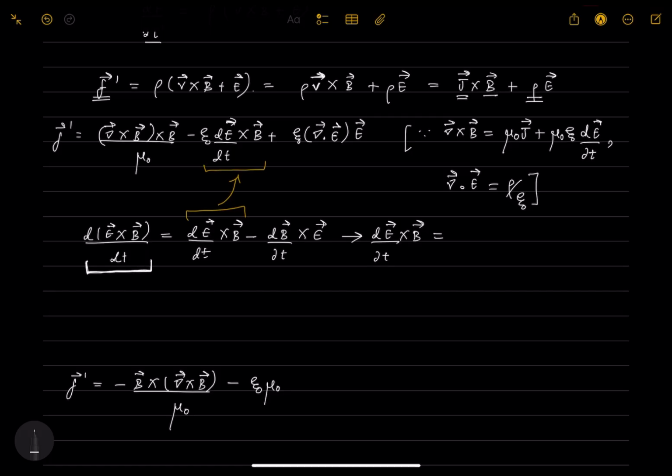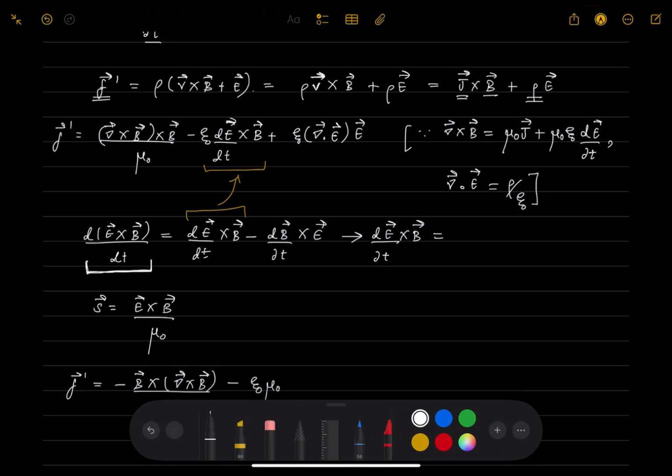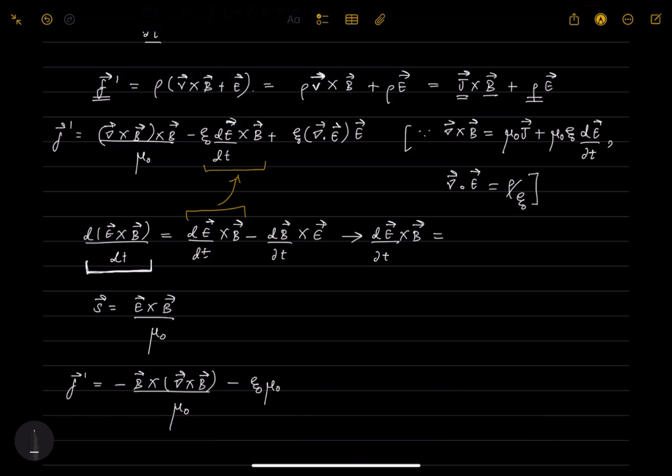In fact, I'll write what the Poynting vector is, for revision purposes. It's going to be given by the cross product of E and B divided by the permeability of free space, right? So this particular thing is going to be mu naught times the time derivative of the Poynting vector.